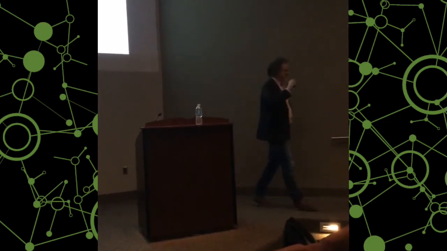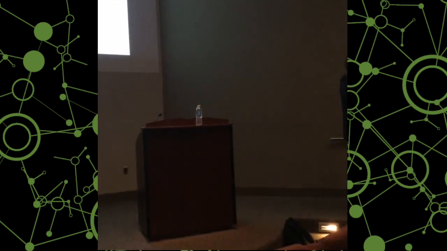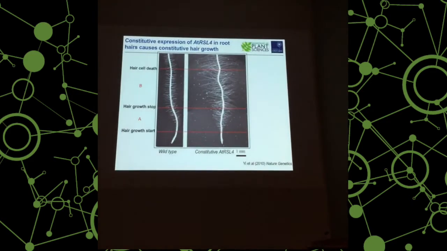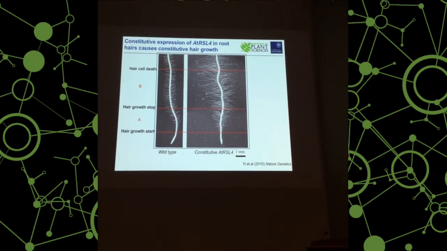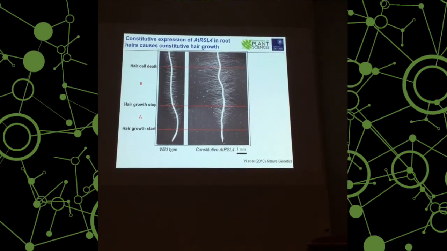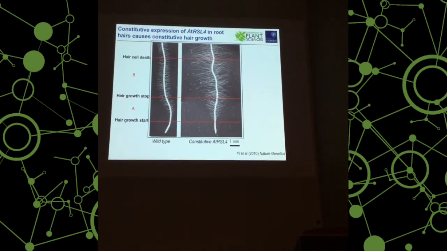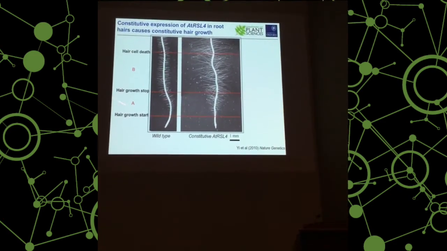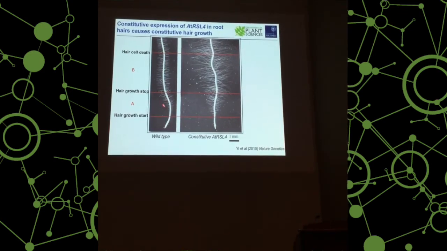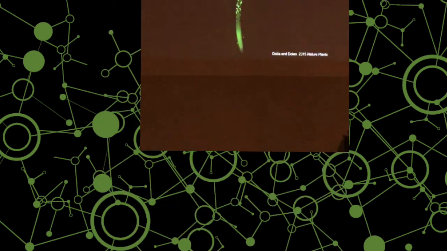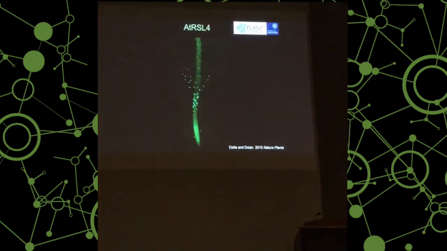So this suggests to us that having RSL4 in a root hair meant that that root hair was going to grow. It's like an on-off switch. If you've got RSL4, you grow. If you don't have it, you don't grow. And so that suggested that RSL4 protein should be present in these cells and then should disappear up here. And that's more or less what we see.